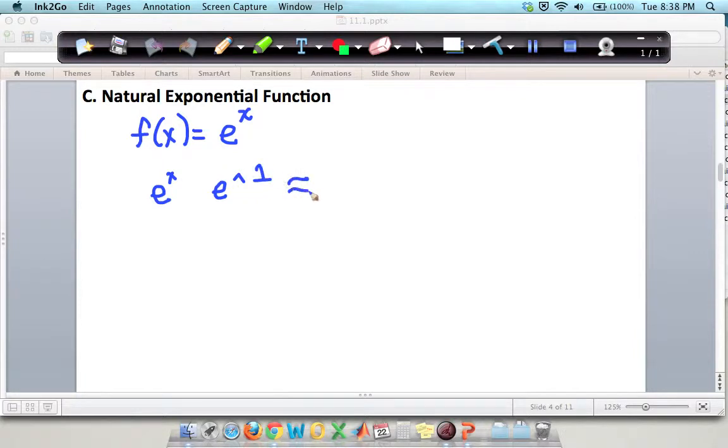So raise it to the first power, and you should get the number 2.718. That is what e equals. So it's just a number represented by the letter e, just like we have pi representing 3.14.